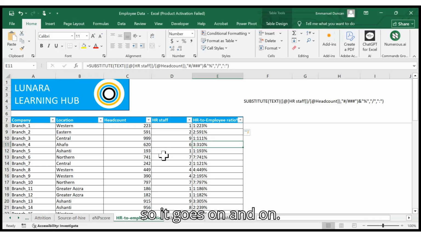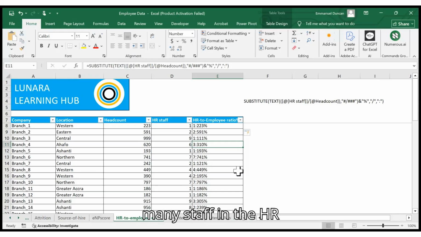So it goes on and on. 7 employees, every 7 employees are handling 741 employees. So this is the rationale behind calculating HR to employee ratio.